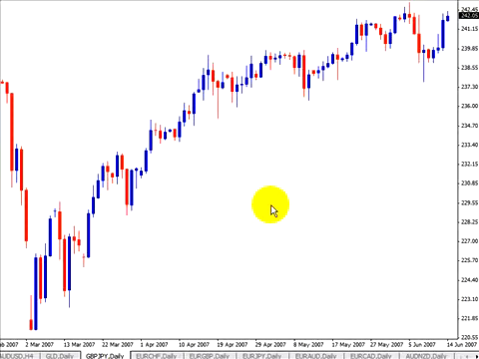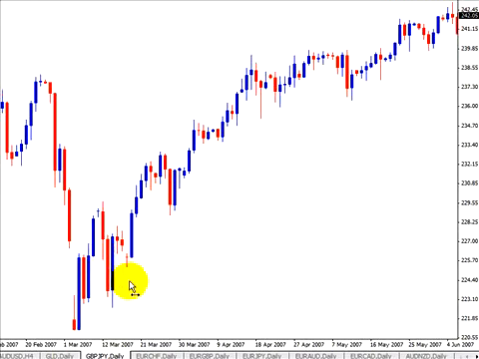I want to point out a couple of things that we have covered so far. One is the obvious truth that when you enter a trade, three possible outcomes could happen. If you enter at this point in time, price could move in your favor and you would have profit. If you entered at this point and you were buying and got out at this point, price has moved sideways and you would get a break even.